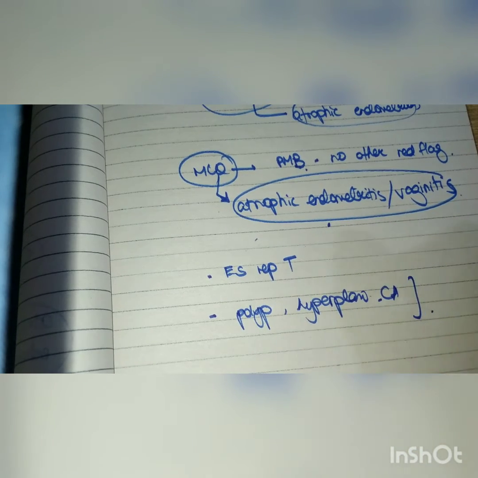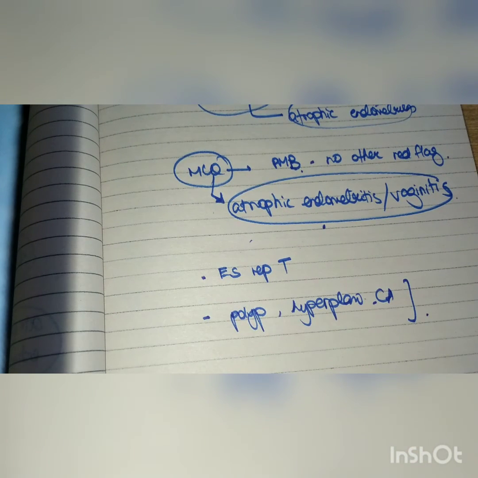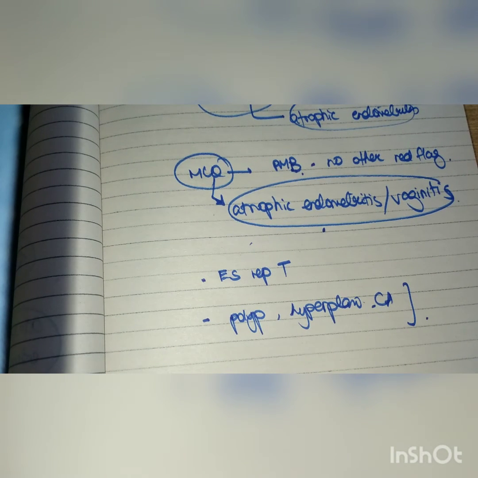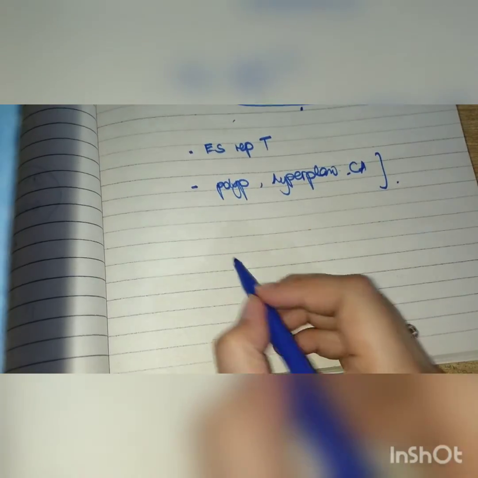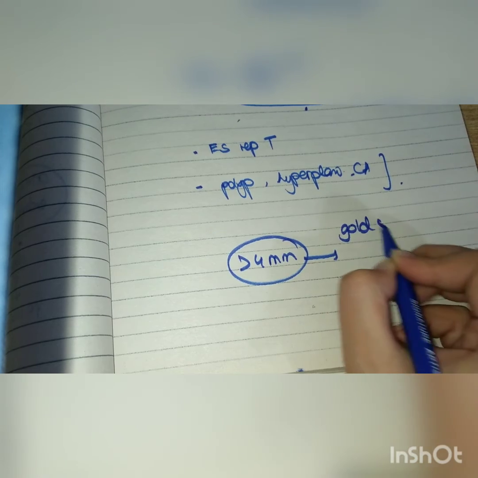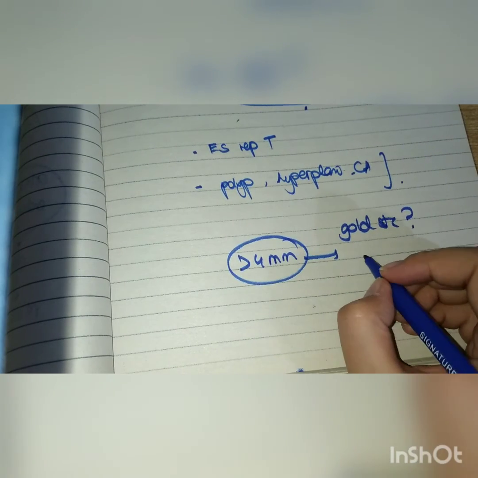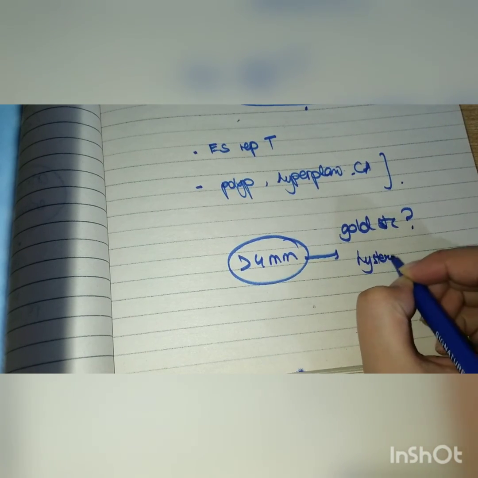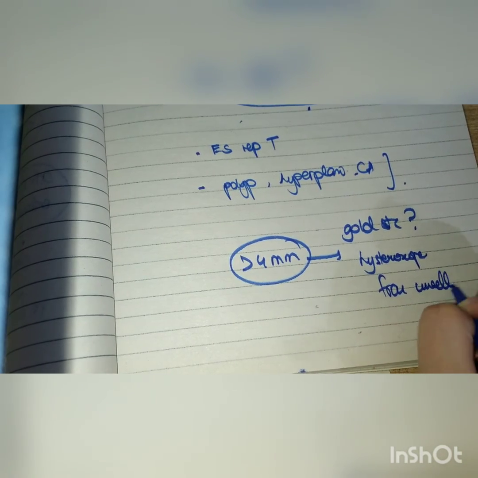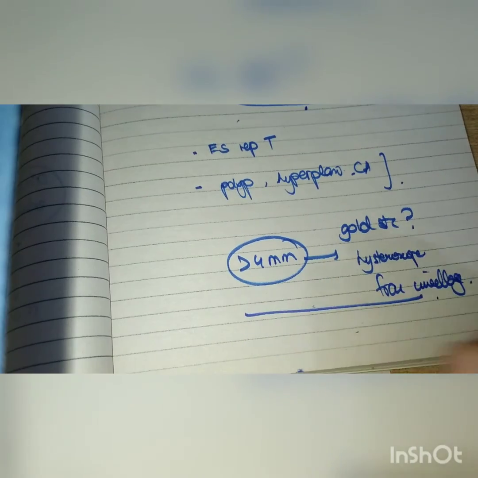Almost 10% of cases are because of endometrial carcinoma. A very important presentation is postmenopausal bleeding with endometrial thickness of more than 4 millimeter. What is the gold standard? It is hysteroscopy, in which we do a fractional curettage.